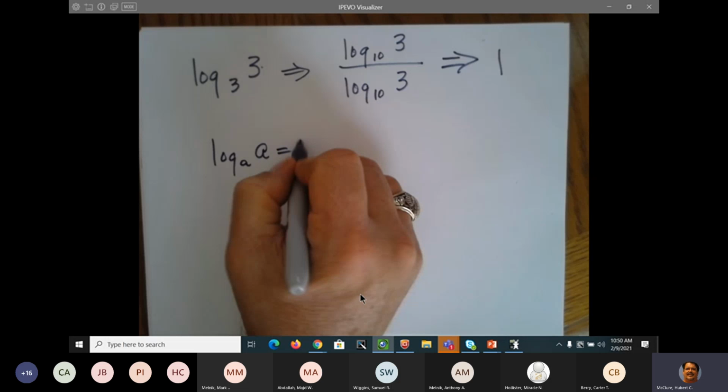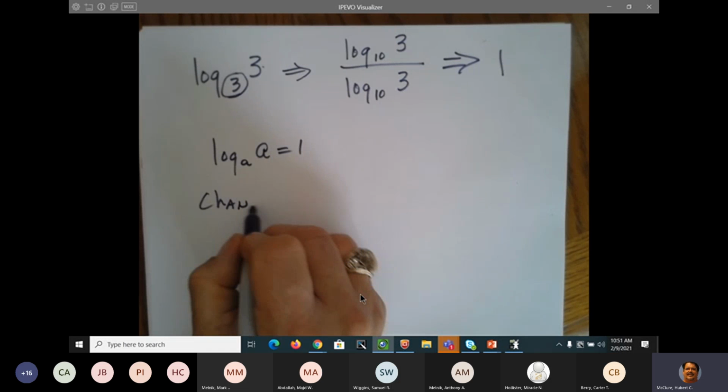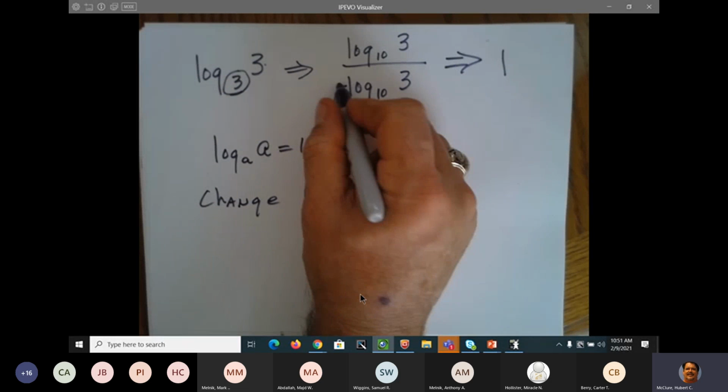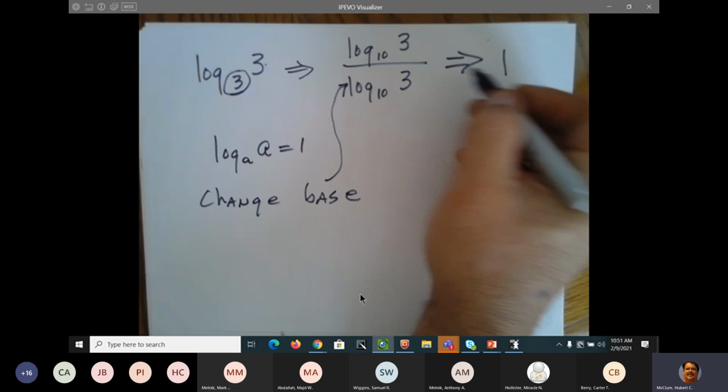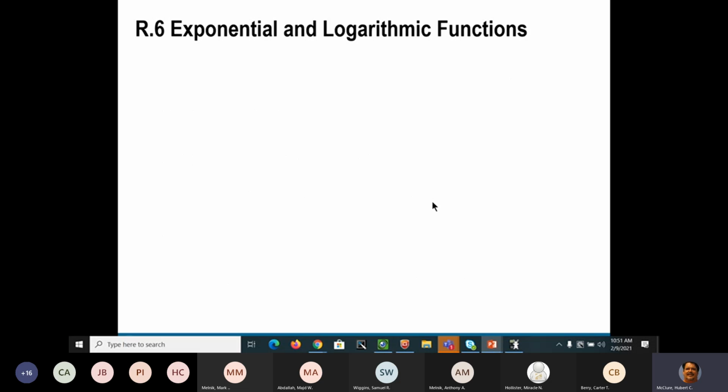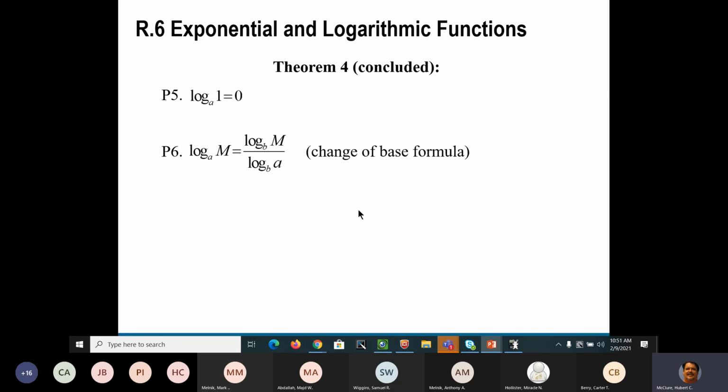Since this is not a 10 or an E, you can use the change base formula and put it like that, and you see that it comes out to be 1. Either way, you're going to get 1 as an answer. But you'll see the change base formula here in just a second. Here's some more. There it is right there.